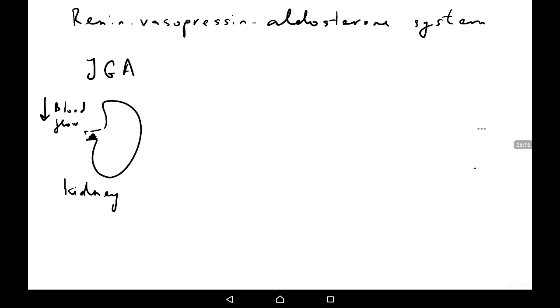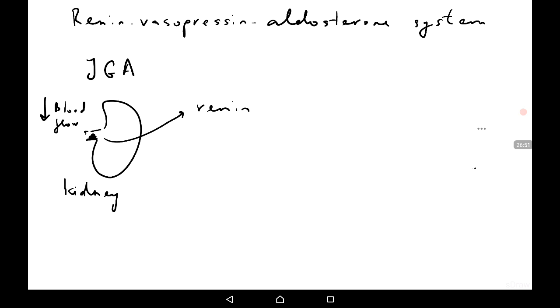then the juxtaglomerular apparatus produces, the kidney releases renin. Renin is an enzyme, a peptidase.